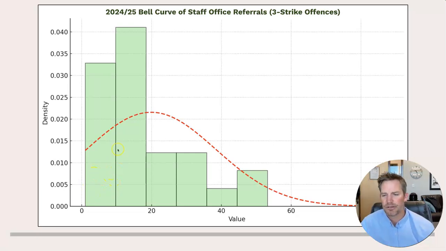And so what this is saying is that the majority of staff are sending between, I would say, 10 and 20 office referrals per year over the course of the year. And that number starts to taper off here as we get into these higher values of office referrals.